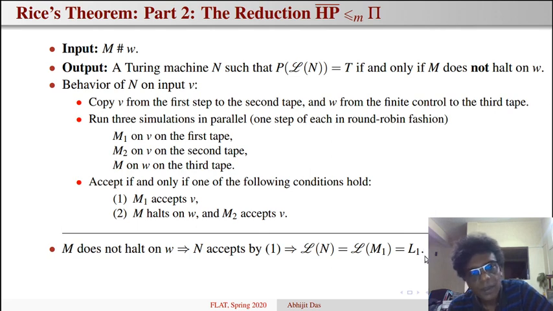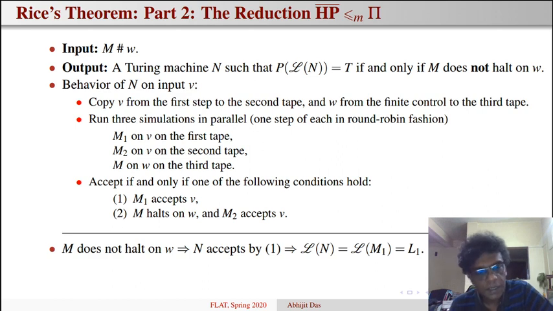On the other hand, if M halts on W, then this condition is true, and therefore N can accept V if either M1 accepts V by condition 1 or M2 accepts V by condition 2.